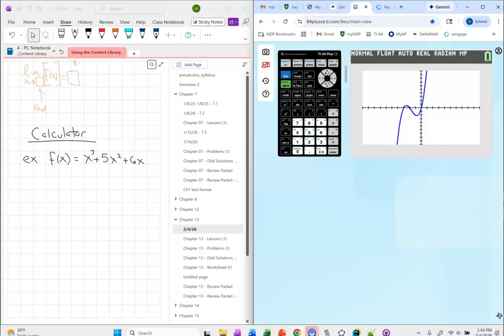If I can't see what I'm looking at, then I'll adjust those mins and maxes so I get a better picture of what's going on. But here looks pretty good, like I can see exactly what's happening. Everybody agree? So far so good? Okay. The first thing I'm going to do is find my zeros.